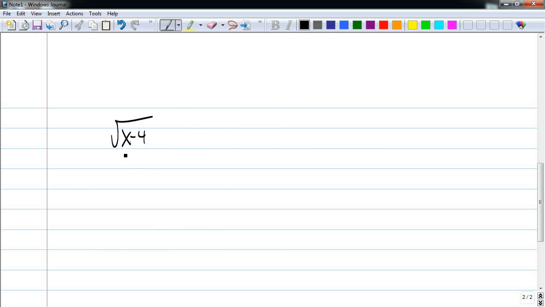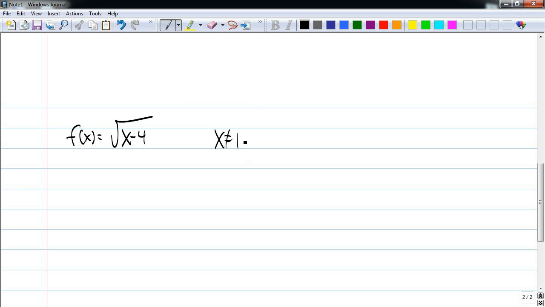Another way of phrasing that is, what is the domain of this function? Because I can't take a square root of a negative number, not any value for x will work. For instance, x can't be 1 because that would give me negative 3 under the radical.